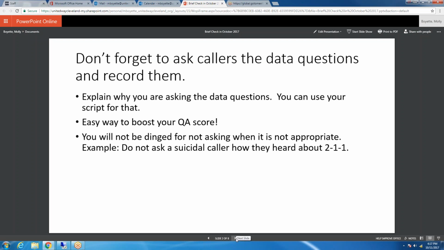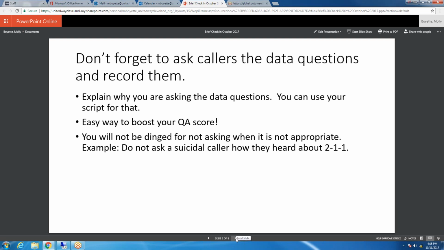First item would be, don't forget to ask callers the data questions and to record them. The data questions are not optional. We want to ask them in every circumstance where they're relevant.